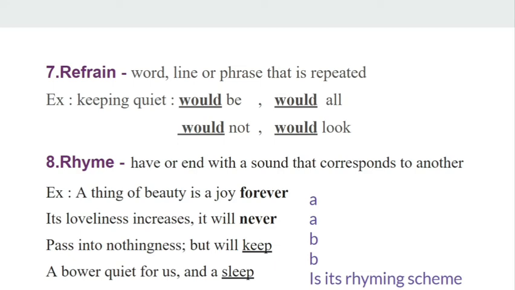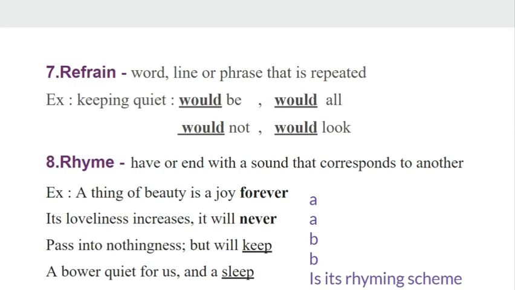Now, our eighth device is rhyme. Rhyme means when the ending of a text is similar to another ending. We can say that it ends with a sound that corresponds to another. Means when the endings of the lines sound similar. Like in the example, forever and never, keep and sleep.